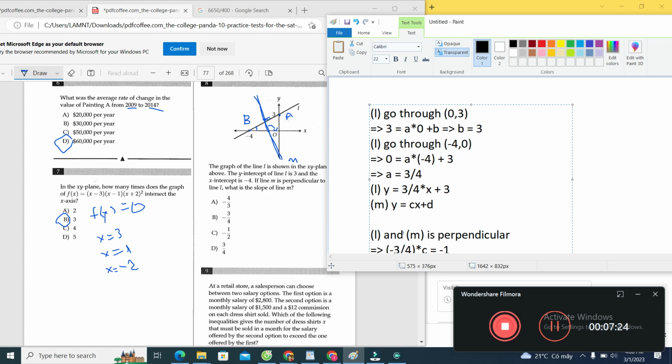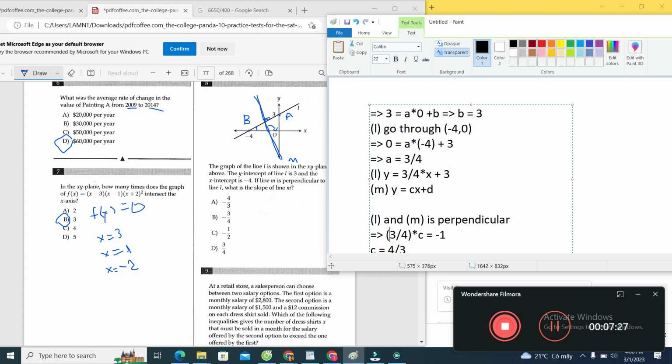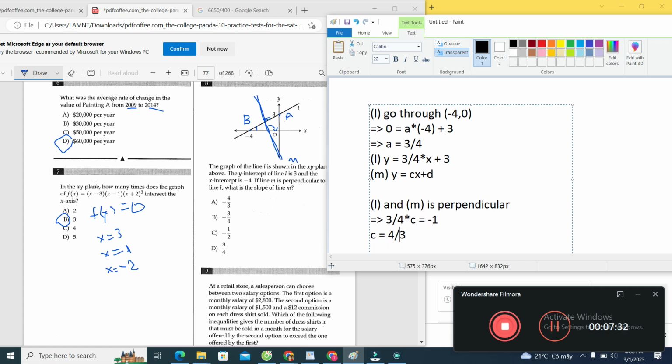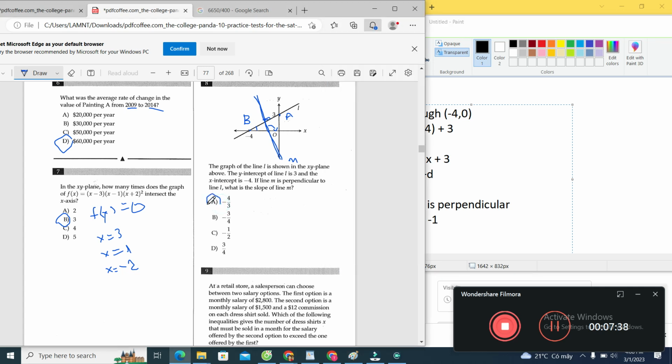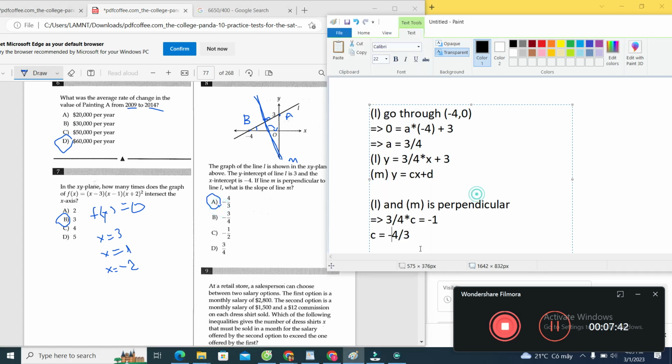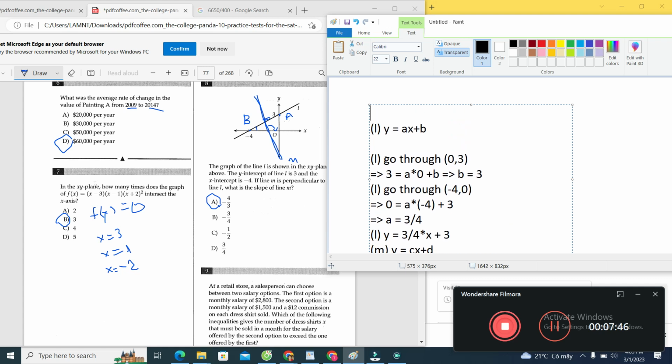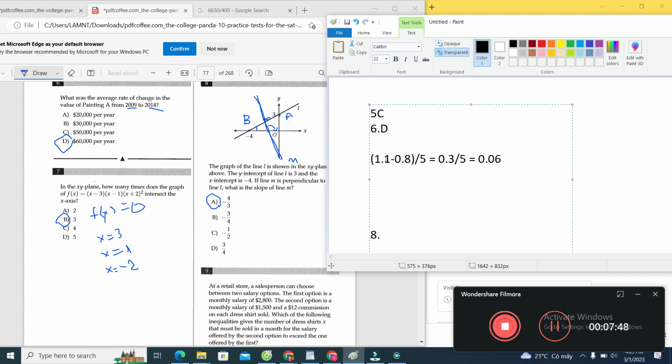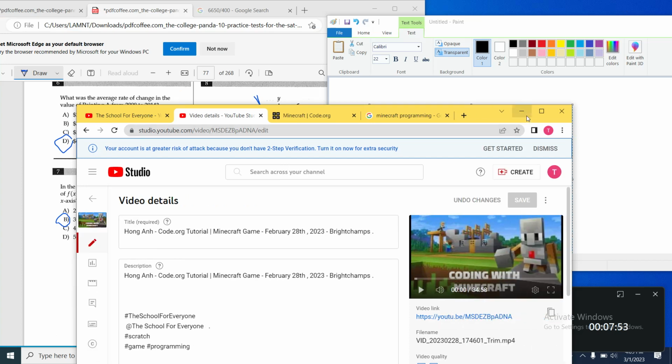So minus 3/4 times c is minus 1, so c is equal to minus 4/3. So the answer here is 8. Really sorry for the miscalculation. Here I show you the full answer again.